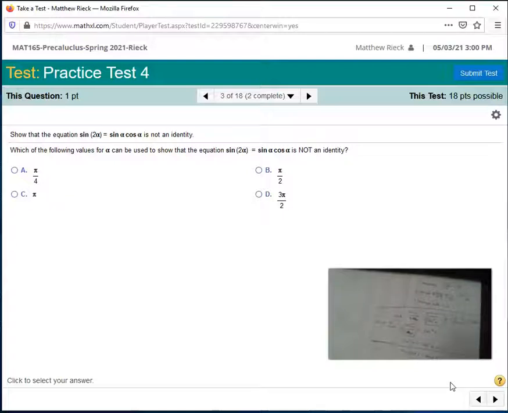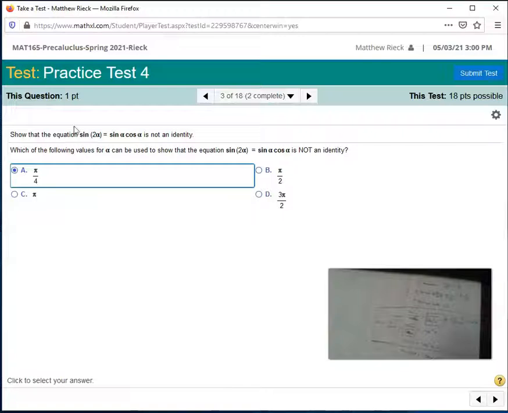So sine of pi over 4 times cosine of pi over 4 ends up being 1/2, which is not 1.